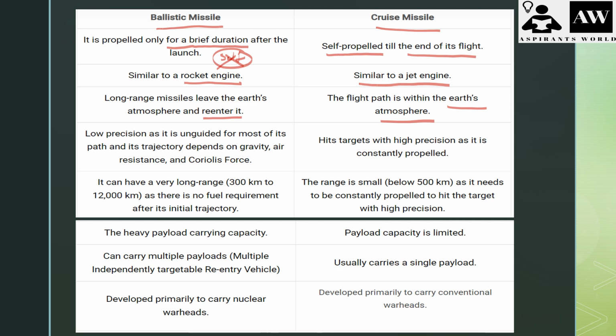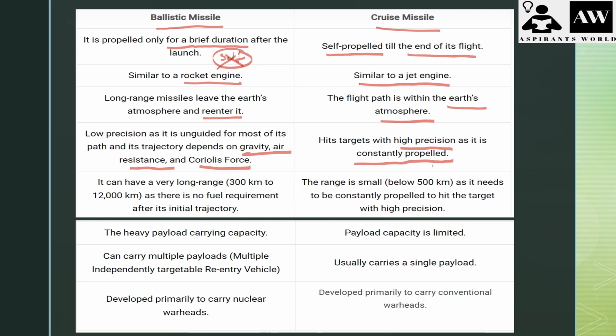And ballistic missiles have low precision as they are unguided for most of their path, and their trajectory depends on gravity, air resistance and the Coriolis force, as we discussed earlier. The cruise missile hits the target with high precision and is constantly propelled. That means it doesn't suffer much from external forces, but the ballistic missile has that problem.